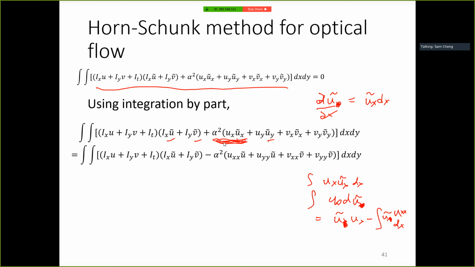If you consider the boundary condition, the boundary term will be gone, so you just have this one: it will be equal to u xx times u tilde. The rest will be similar to this.